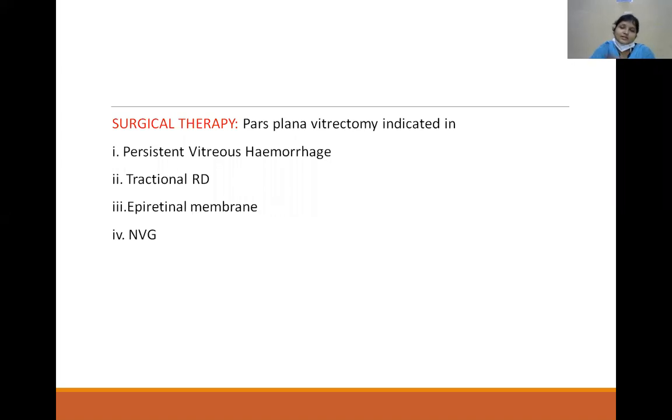All these can be done in patients with NVG. And also in some patients, they suggest phlebotomy, that is, we can go behind the globe and central retinal vein occlusion. Sheathotomy can also be done. Optic nerve sheath fenestration can be done so that it relieves the pressure on the central retinal vein.